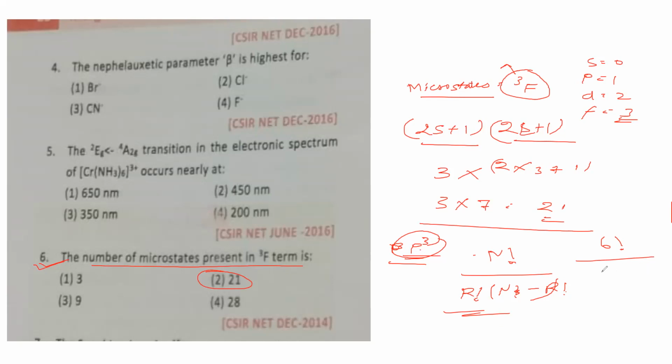So there are 3 electrons, so that's 3 factorial. And n minus r, n is 6, r is 3, so (6 minus 3) factorial.